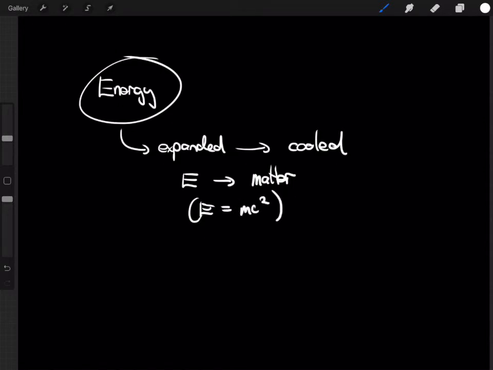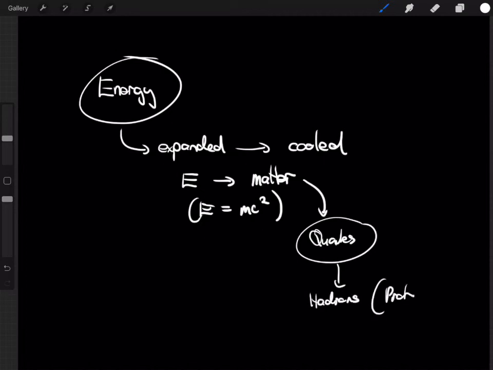So we had energy converting into matter. And from that matter, the first quarks were formed, and then the first hadrons, protons and neutrons, and then from that we had hydrogen and helium.